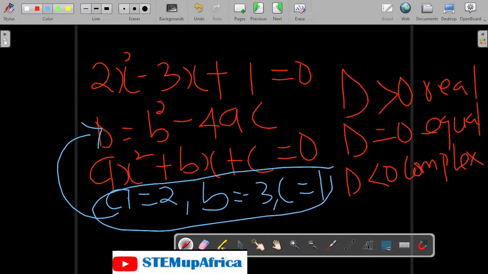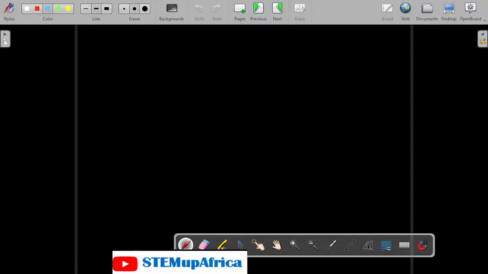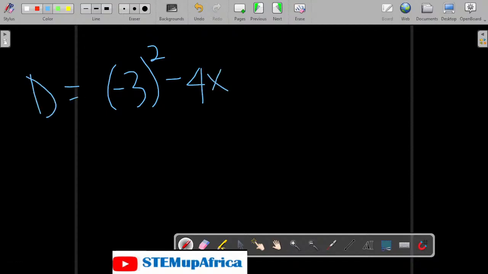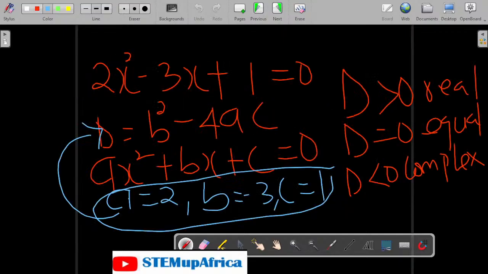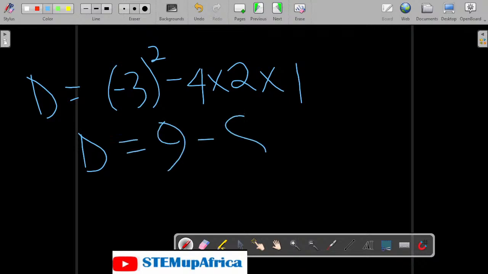If that should happen, what do we have? d equals minus 3 all squared minus 4 times 2 times 1. So d will give us minus 3 squared is 9 minus 8. What is the value of d now? It is 1.